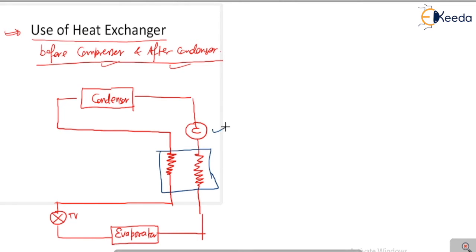So before the compressor and after the condenser, if you are going to use a heat exchanger, then what is the effect over this cycle? This cycle circulates in an anti-clockwise manner. From here some heat is going to be extracted by this heat exchanger.